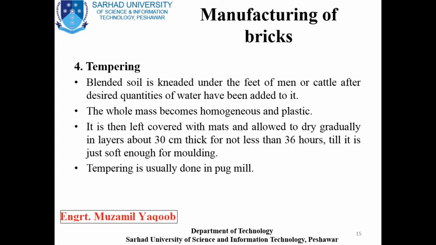So tempering is the fourth stage, in which the blended soil is kneaded under the feet of men or cattle, meaning softening the soil for better quality. Then the whole mass becomes homogeneous and plastic, and is left for drying for almost 36 hours, so it can achieve the required shape.